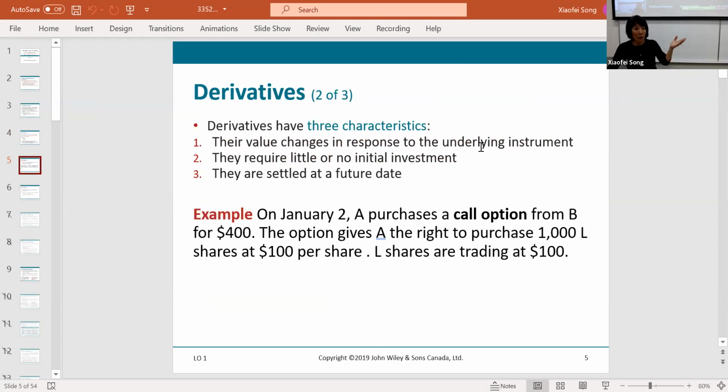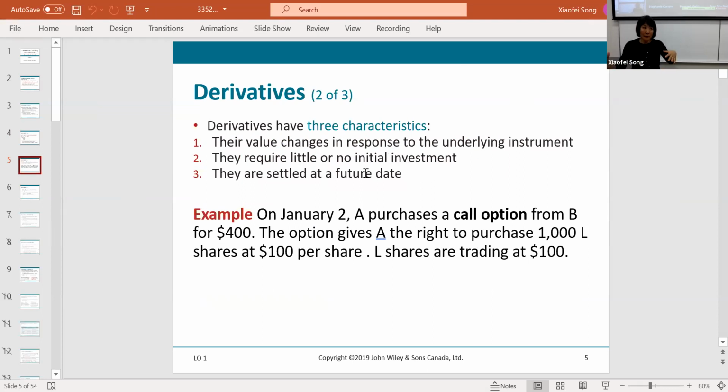In our example, the call option value goes up when the underlying shares' value goes up. They require little or no initial investment. In our example, the underlying value at the time is 100,000, but you can buy the derivative for $400.